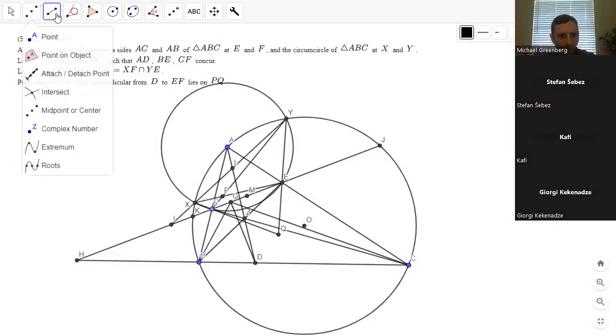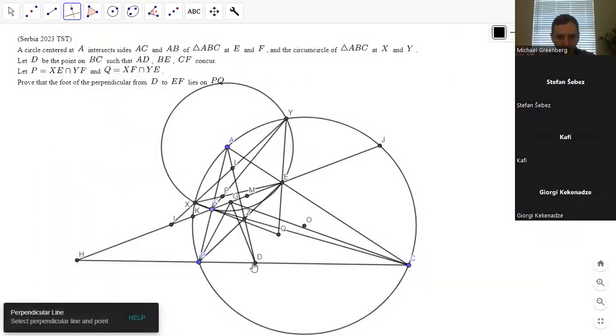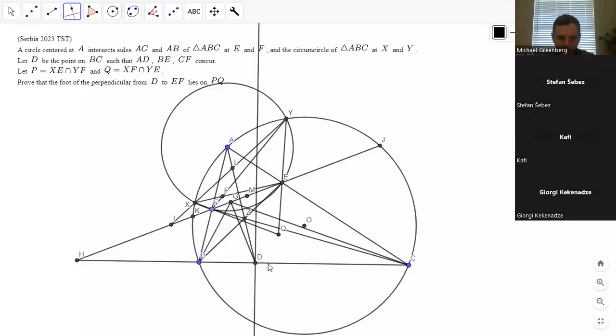What if I draw a perpendicular from D to BC? Let's see, I want to show these are harmonic. They don't have a right angle, that's the issue. Yeah, how do I get a right angle here?